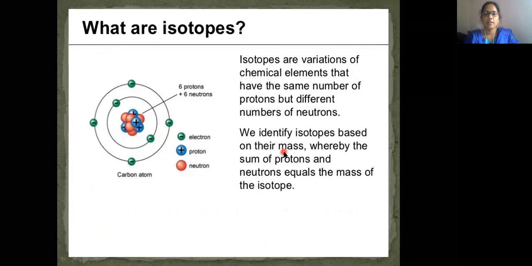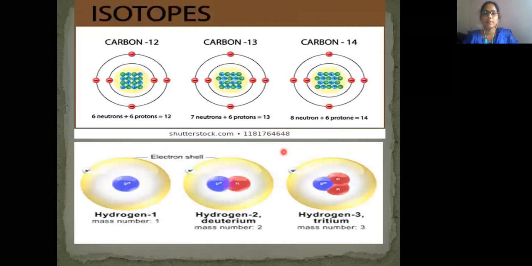We identify isotopes based on their masses, whereby the sum of protons and neutrons equals the mass, that is the atomic weight. The atomic number will be the same, whereas the atomic weight will be different because it includes the number of neutrons. These isotopes differ in the number of neutrons, so the masses will be different.